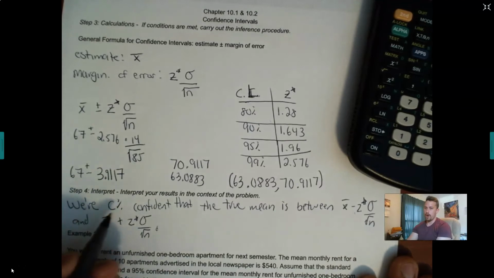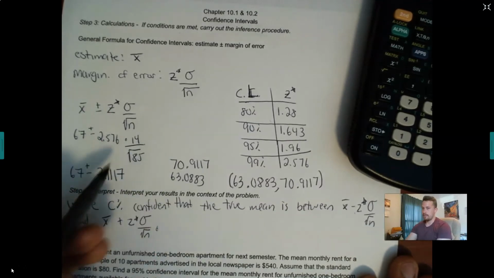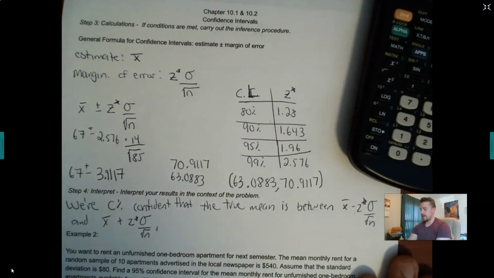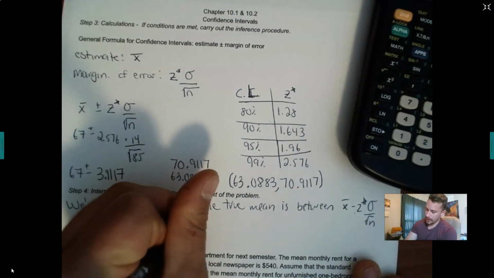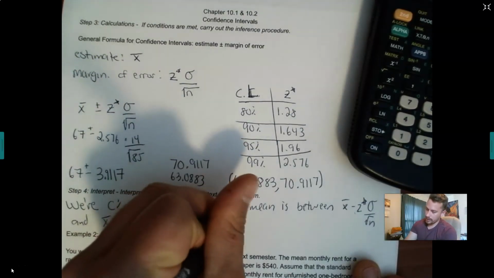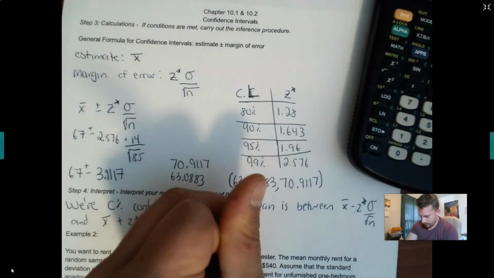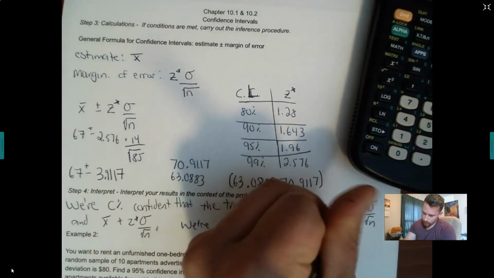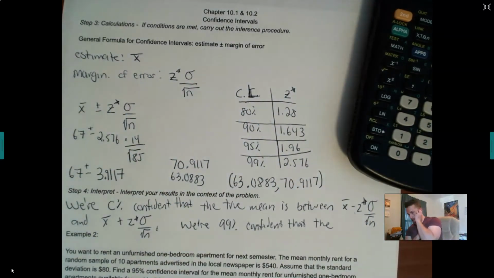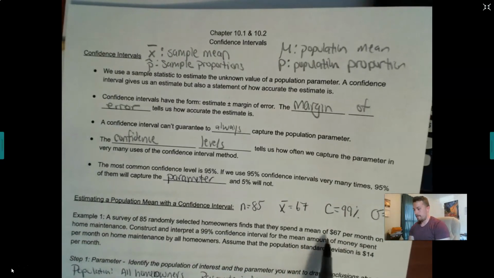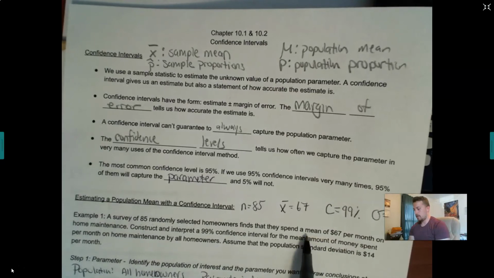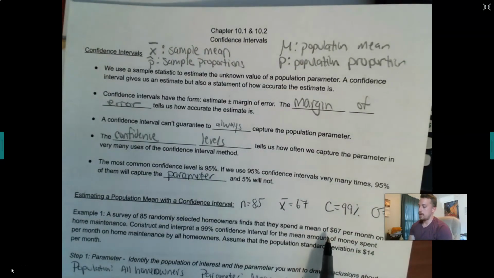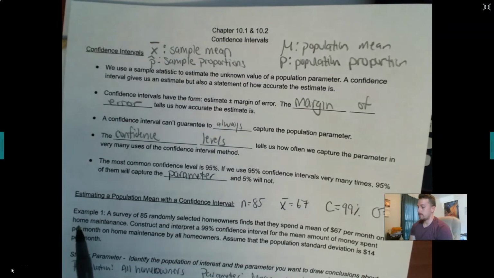So we would just say 99%, because our confidence level was 99%. That's what they asked in the question. We're 99% confident that, so instead of saying true mean, since I have some context here, I'm going to say the population mean, or the mean amount spent for all homeowners per month for home maintenance is between.